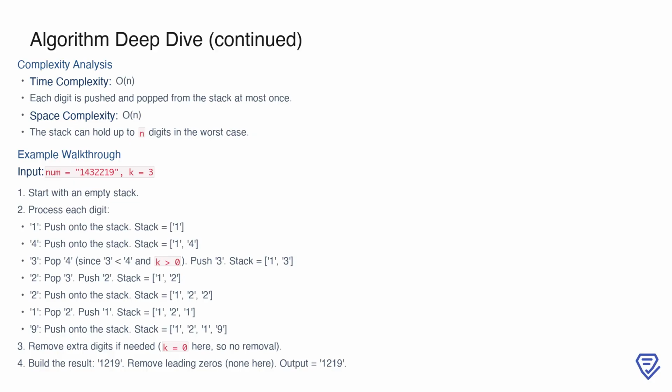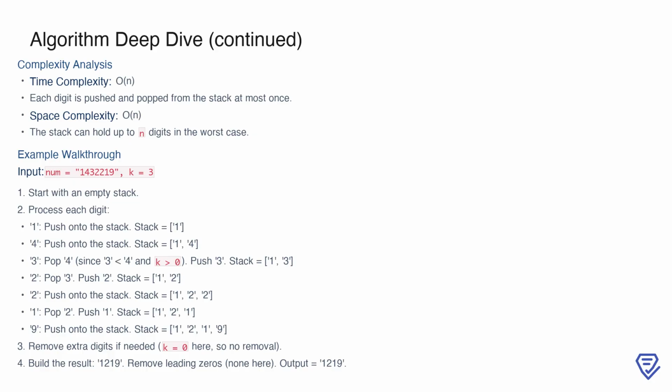To illustrate the algorithm, consider the example where the input number is 1432219 and k is 3. Starting with an empty stack, we process each digit. The stack evolves as follows: 1 is pushed, followed by 4. When 3 is encountered, 4 is popped because 3 is smaller. Similarly, 2 replaces 3.